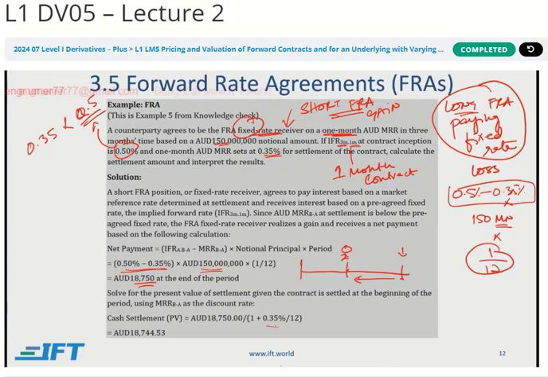So you need to discount it back, and that is what is happening over here, that they discounted back one period. I guess they forgot to write it. Yeah, so they're just dividing it by 12, which is taking the interest rate for 1 month, and they are discounting it back, and this is what your profit for the short party will be.